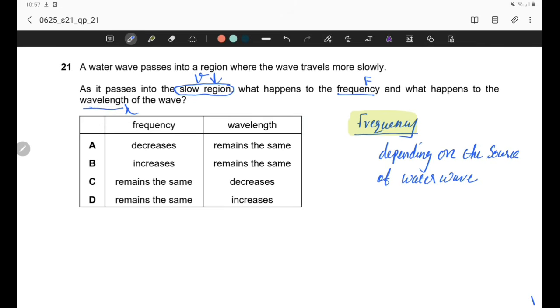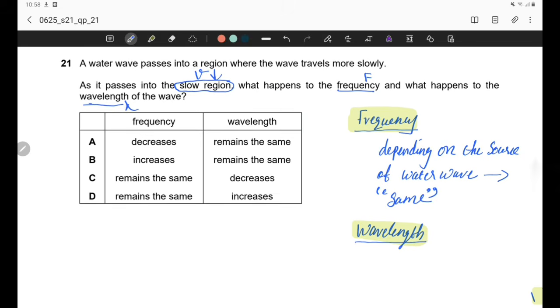For the source of a water wave, it doesn't matter whether the water speed is more or less, it is not going to affect the frequency. So we can conclude that the frequency will remain the same throughout the motion, whether the speed is greater or lesser. Next, what will happen to the wavelength when the speed decreases?